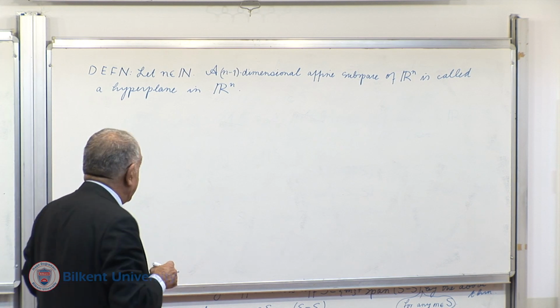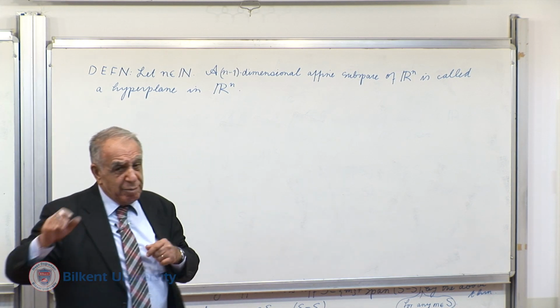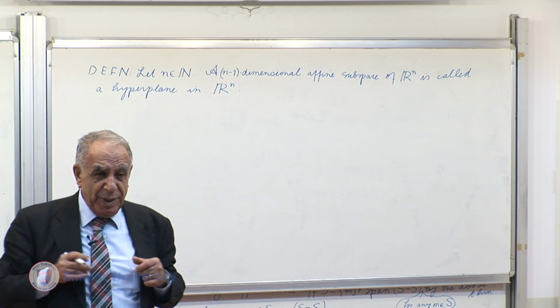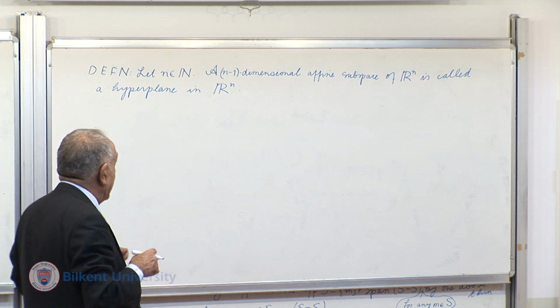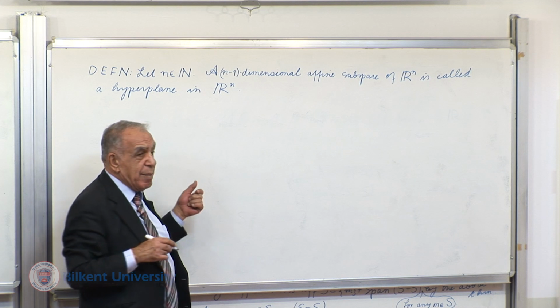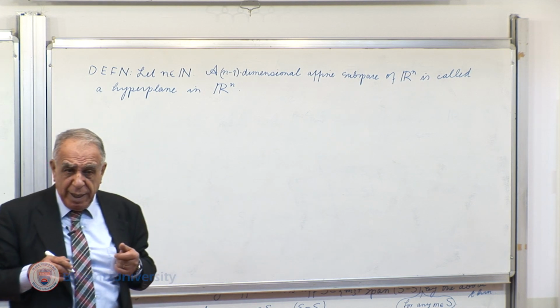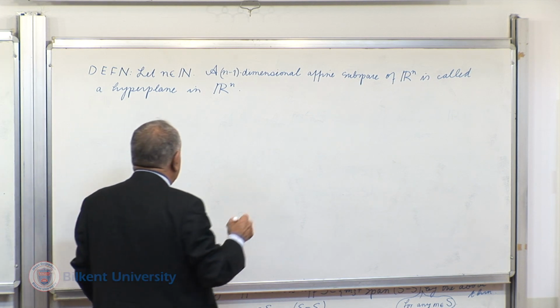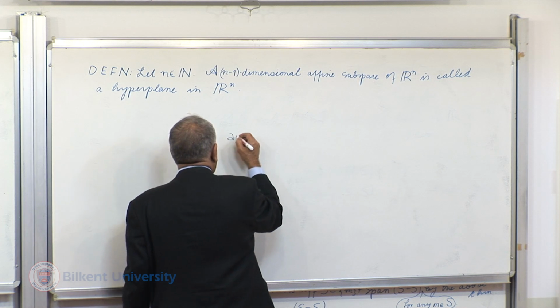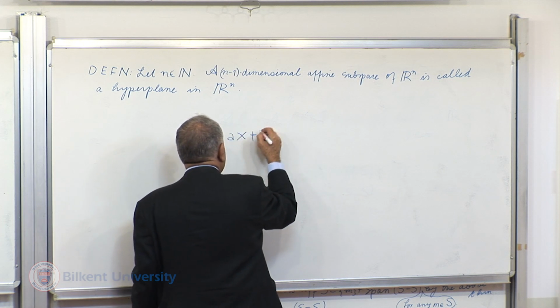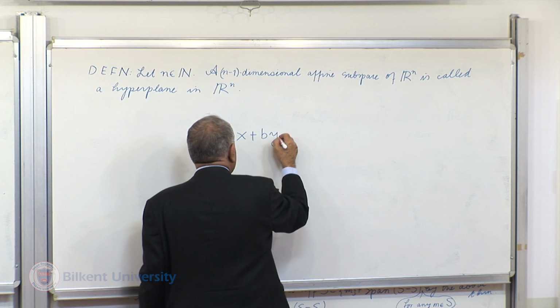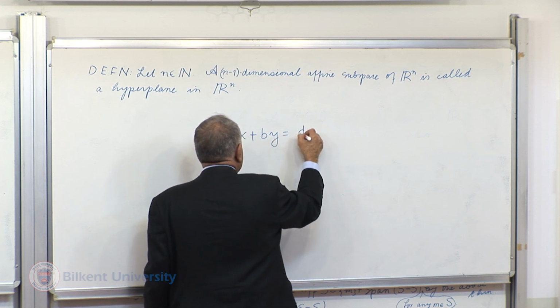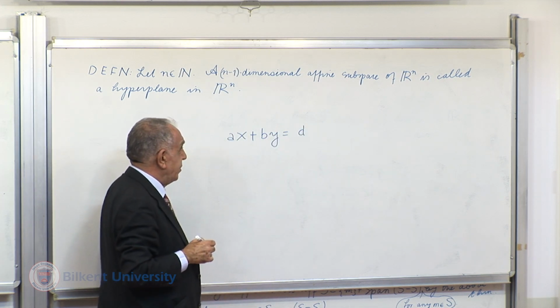But let's get back to analytic geometry again. How do we represent a line in the plane? Well, we take ax plus by and set this equal to d.